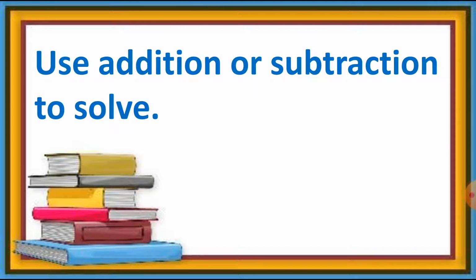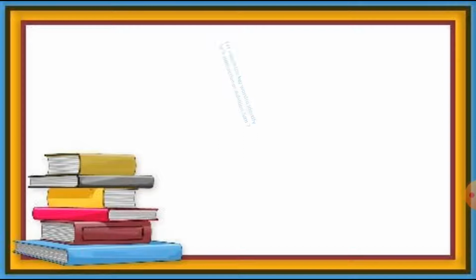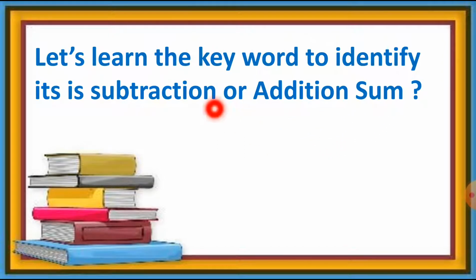So we have to find some keywords in the word problem sum. If we learn the keywords in the word problem sum, we can easily solve the sums and decide whether it is an addition or subtraction. So here let's learn the keywords to identify whether it is a subtraction or addition sum. I will show you a list of keywords which indicate it is a subtraction or addition sum.